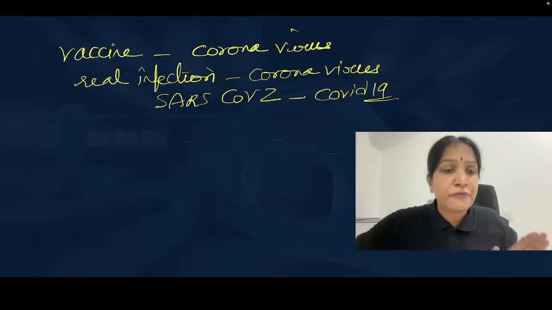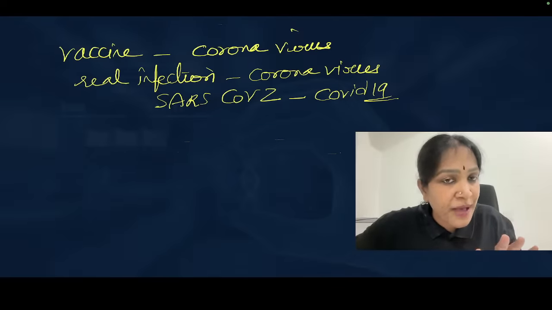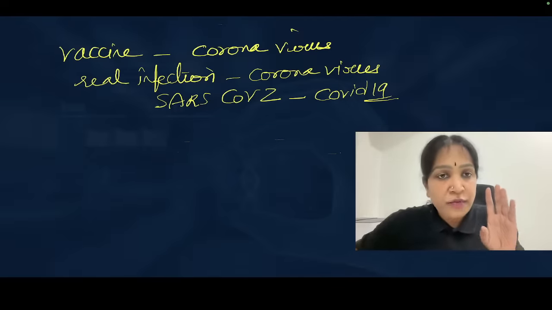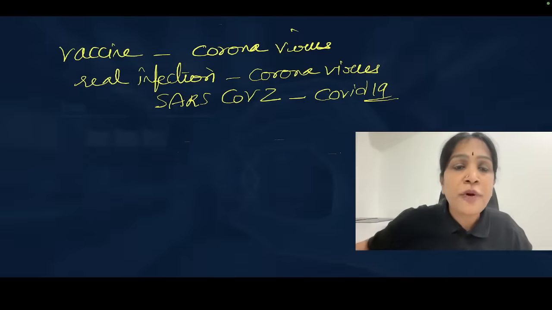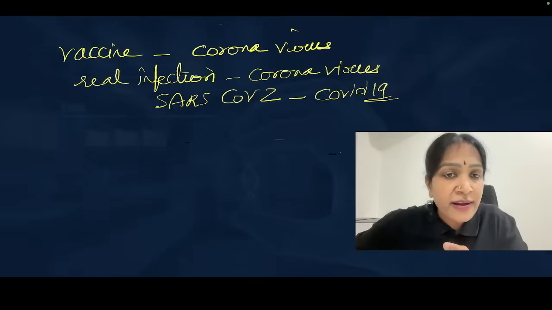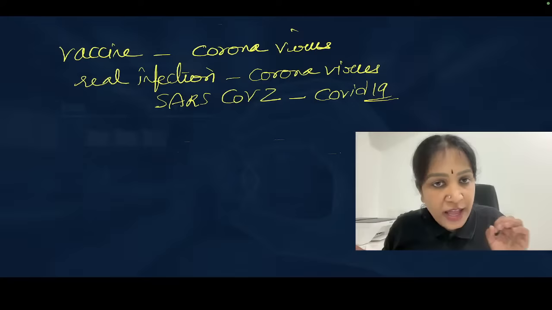That is the concept of vaccine. So do you agree? Vaccine and the real infection both have the same antigen or the same pathogen, yes or no? Polio virus will be there in the polio vaccine. Coronavirus is there in the coronavirus vaccine. Hepatitis virus is there in the hepatitis vaccine. I hope you got it.